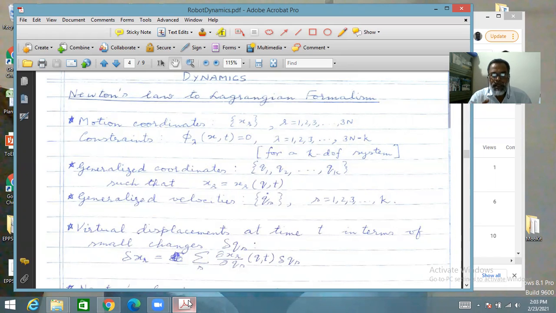So I would first spend a significant amount of time, almost half of this lecture, to connect Newton's laws, which you believe in, to the Lagrangian dynamics formulation, and then use it for the dynamic formulation of robot manipulators. And what we are covering now applies to not only robots, but all systems of rigid bodies. Okay.